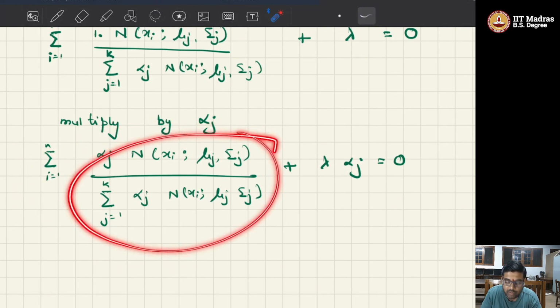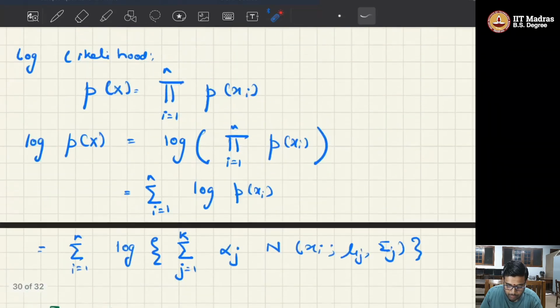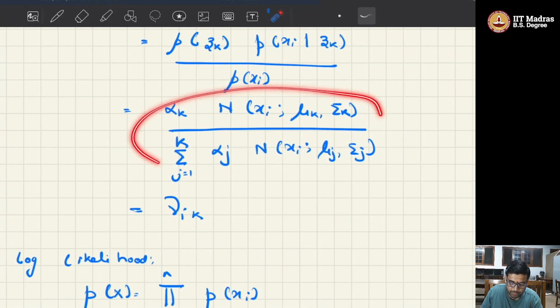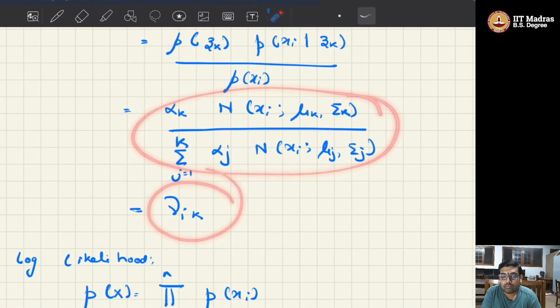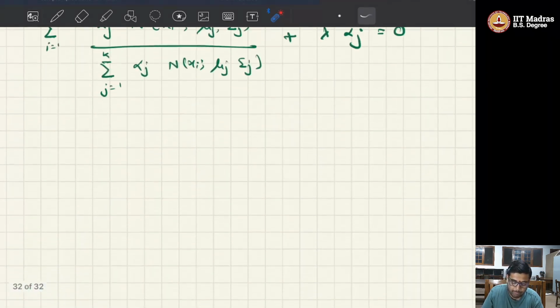Does this term look familiar? Have we looked at this term earlier? If you go back, this is the responsibility. Normally this is called the responsibility.